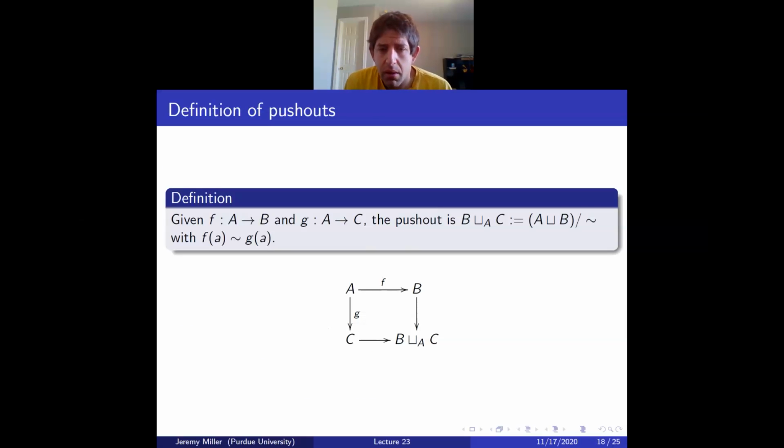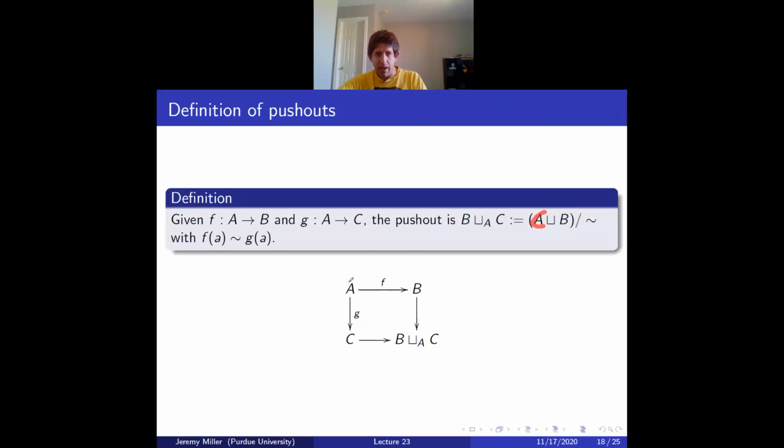If you have a map from A to B and a map from A to C, then the pushout is the disjoint union of B and C, modulo the equivalence relation that if you have a point in A, it maps to B and it maps to C, and you identify those two points together.